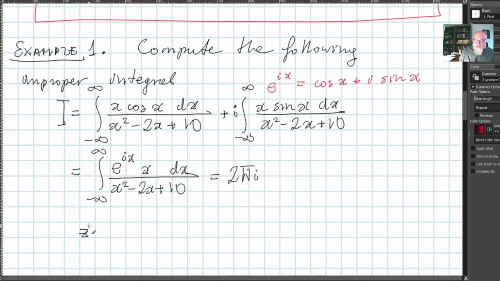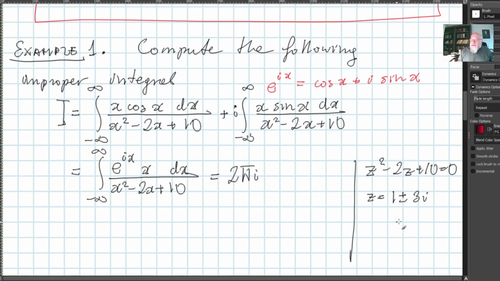Notice that z squared minus 2z plus 10 equals 0 if and only if z is equal to 1 plus or minus 3i.